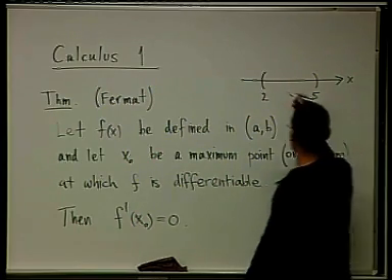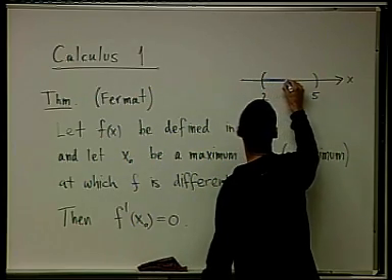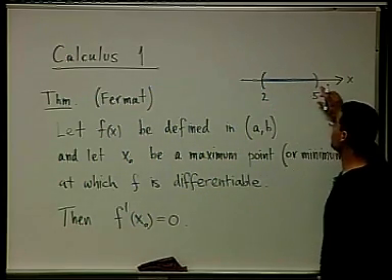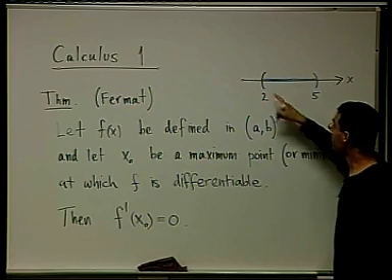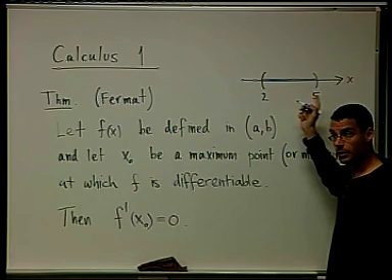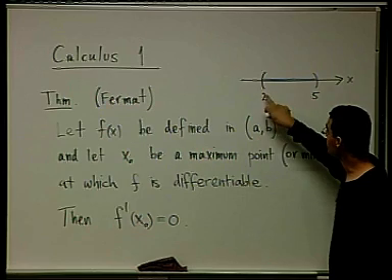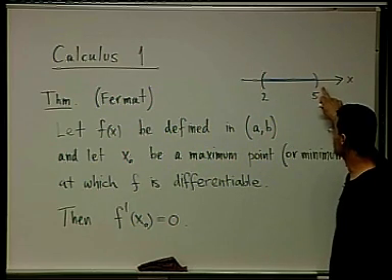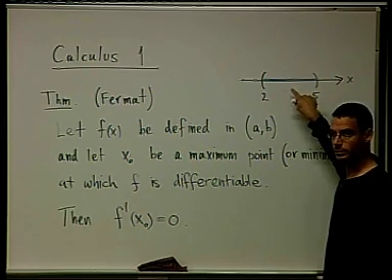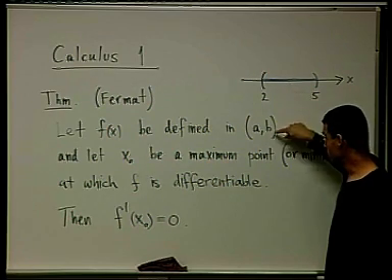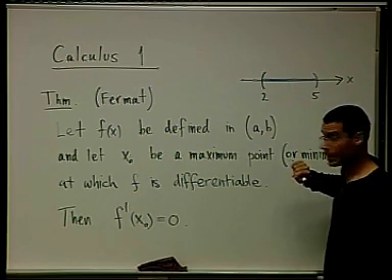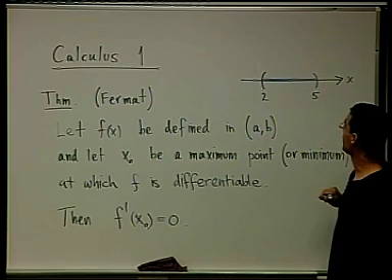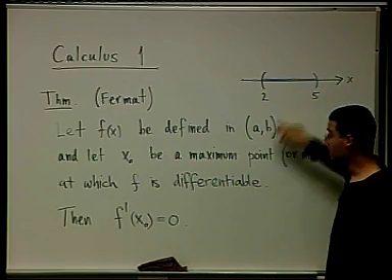Okay, let me bold it in blue. So this is the interval (2,5), not including the endpoints. Okay, so when I write like this, it means that 2 itself and 5 itself are not blue. They're not included. Okay, this is called an open interval. So I'm assuming f is defined on some open interval like this, (a,b).